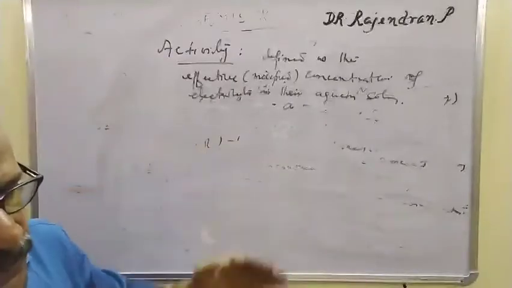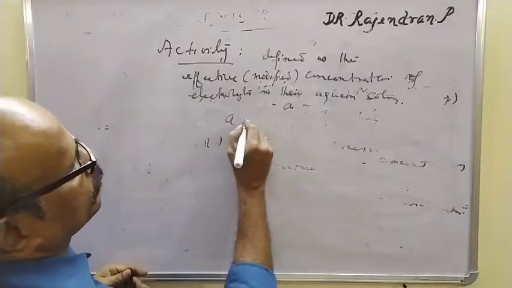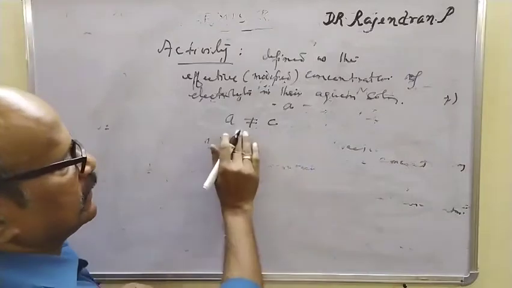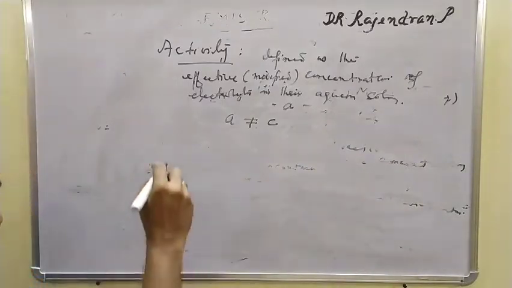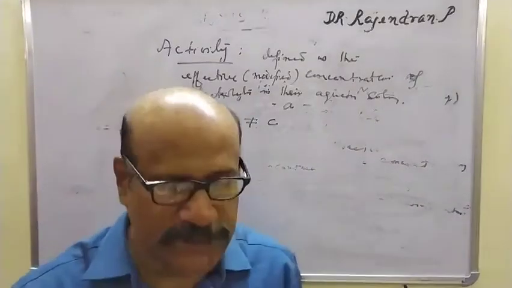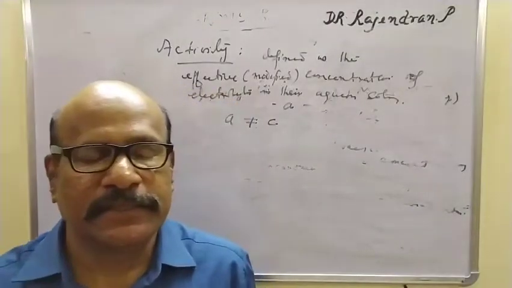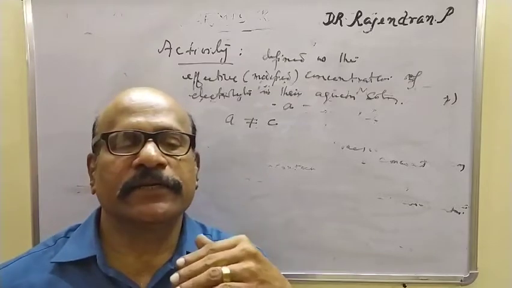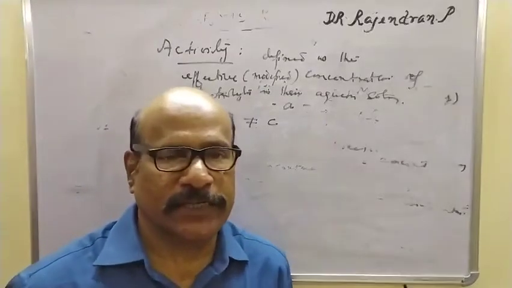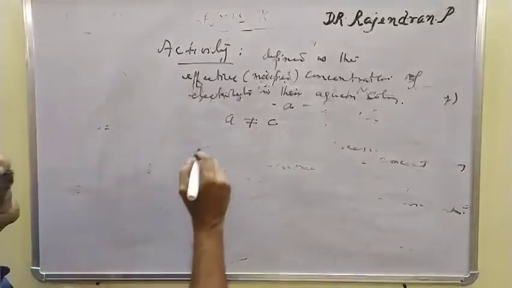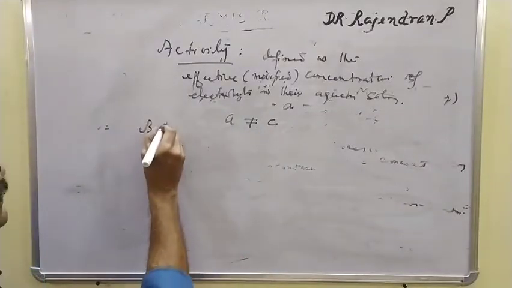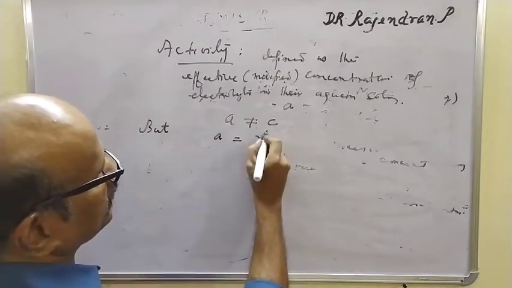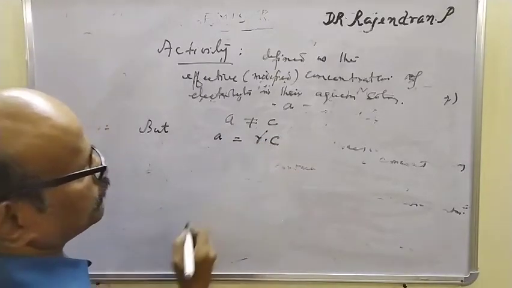So activity is not equal to C, but is different from C. Therefore, the activity is defined as the product of an activity coefficient and the stoichiometric concentration of the electrolyte. Activity is equal to gamma into C.